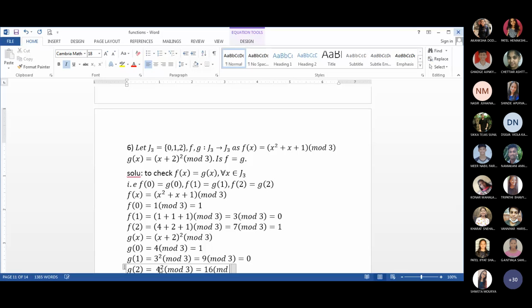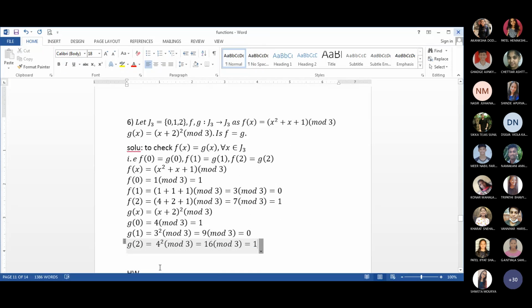And 16 mod 3 is 1. 16 divided by 3 gives 1. So 16 mod 3 is 1.